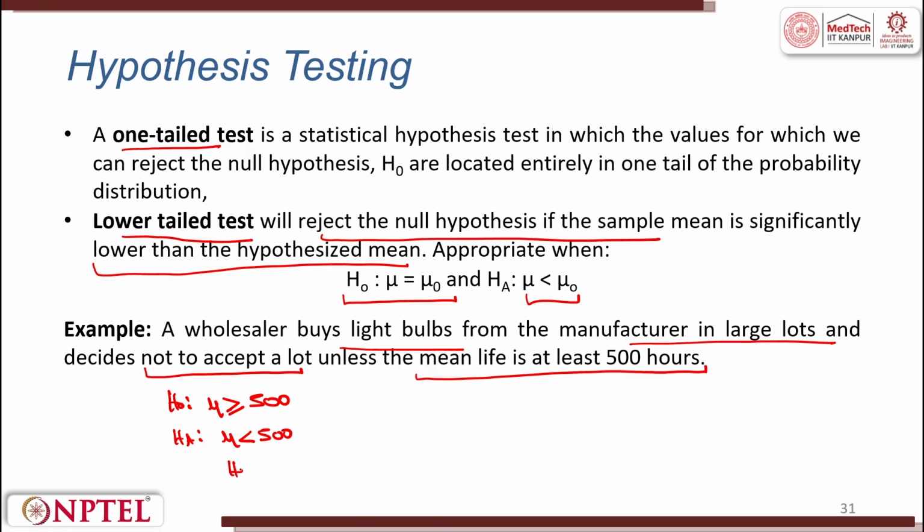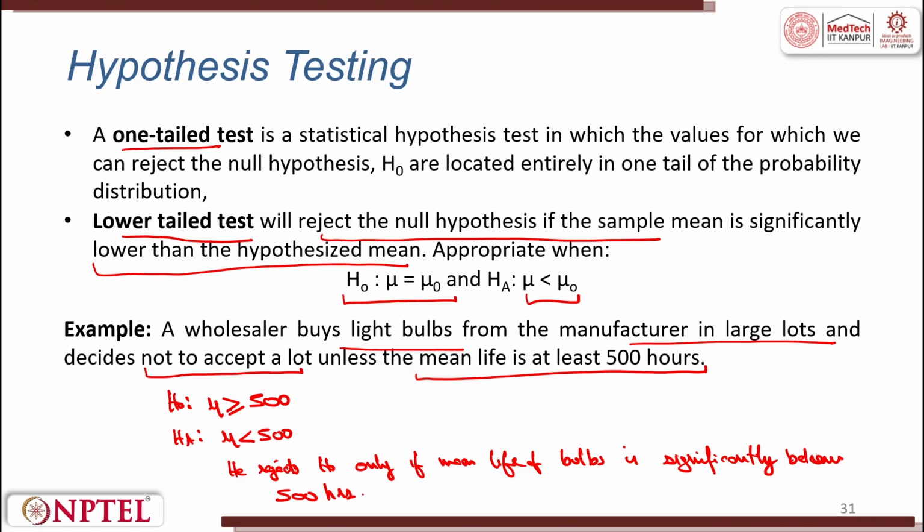This means he rejects H naught only if the mean life of bulbs is significantly below, just watch my words here, significantly below 500 hours, that is H naught is rejected, which means HA is accepted. This is a one-sided test.